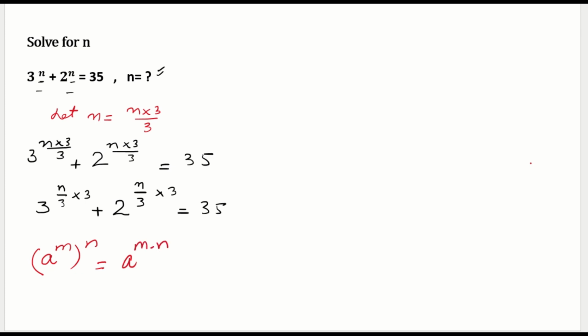We will use this property in our next step. So we can write it as (3 to the power n over 3) to the power 3 plus (2 to the power n over 3) to the power 3 is equal to 35.